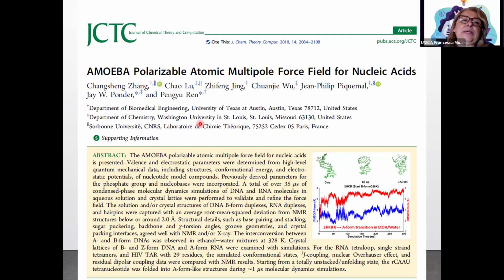While at the moment they might not be really comparable in terms of computational power usage with fixed charge force fields, the parametrization of this force field is an active area and should be considered when simulating nucleic acid.